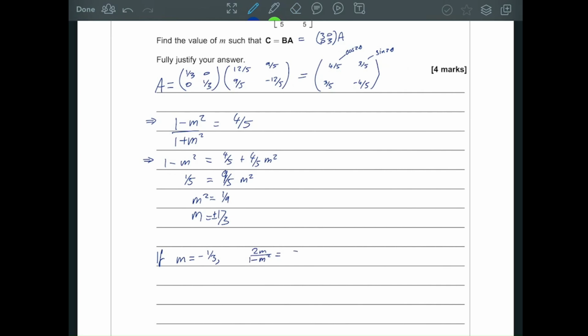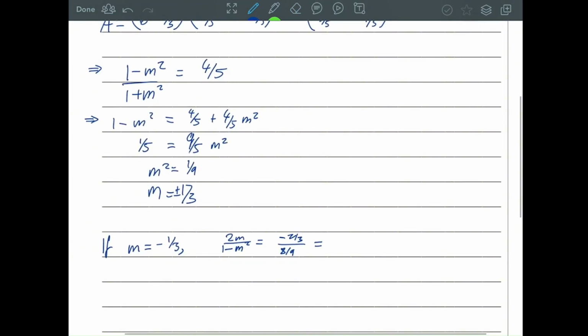This thing is equal to negative 2/3 over 8/9. Is that right? Yeah, that's getting nowhere close. Oh, it's 1 plus, that's why. The denominator was 1 plus. This is why you should always go back and look at previous pages. 10/9. So that becomes, times top and bottom by 9, -3/5, which is wrong.